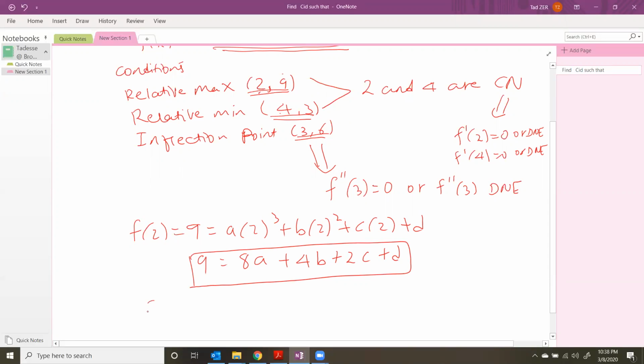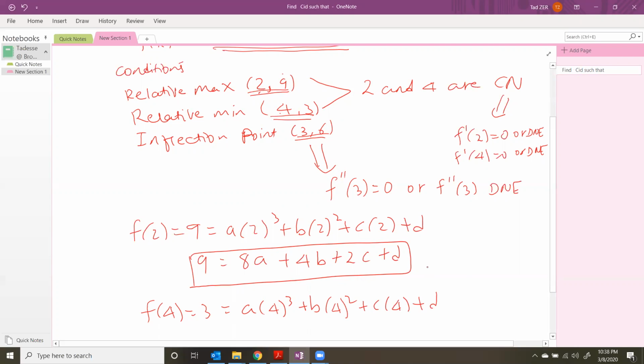Similarly, f at 4 equals 3, which is a times 4 cubed plus b times 4 squared, which is 16, plus c times 4 plus d.